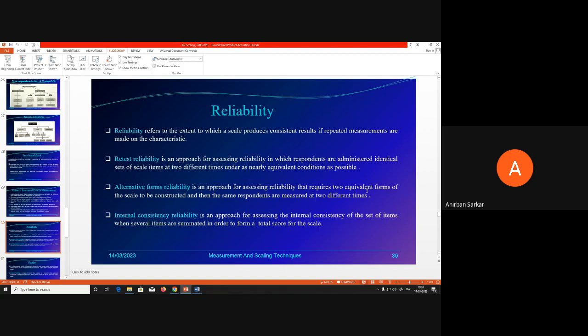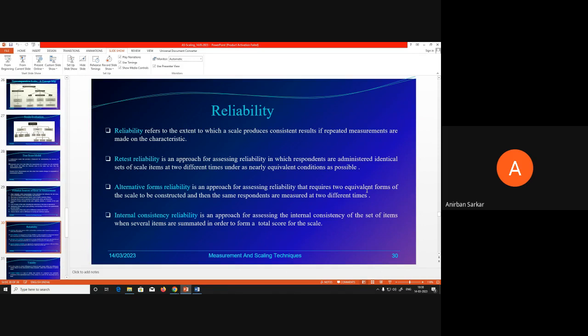If the individual item score and the total score are highly correlated, you can say that it has internal consistency reliability.